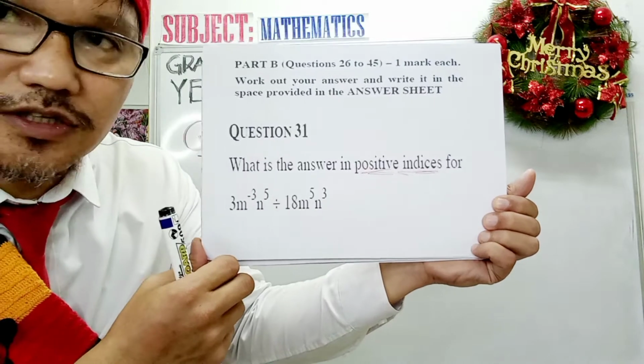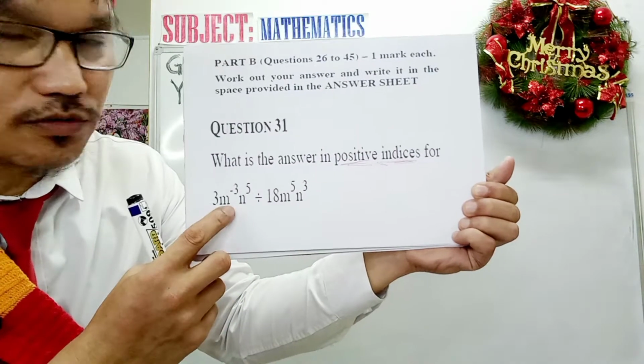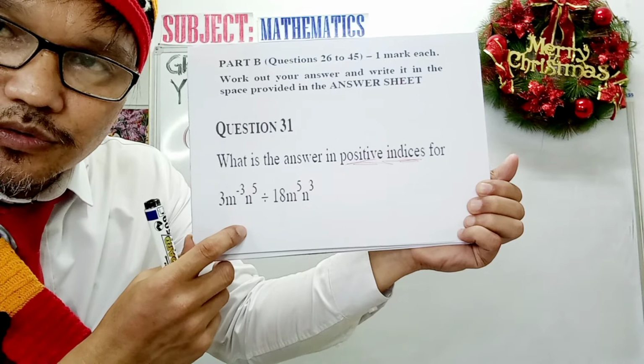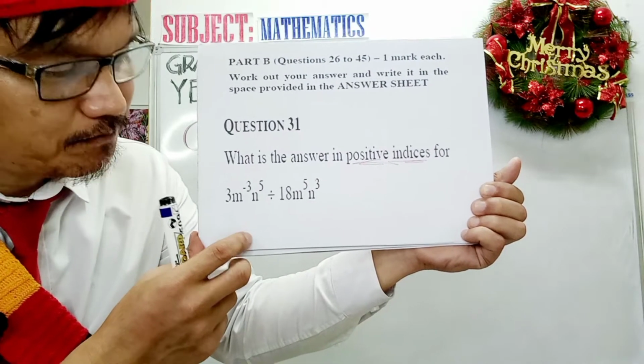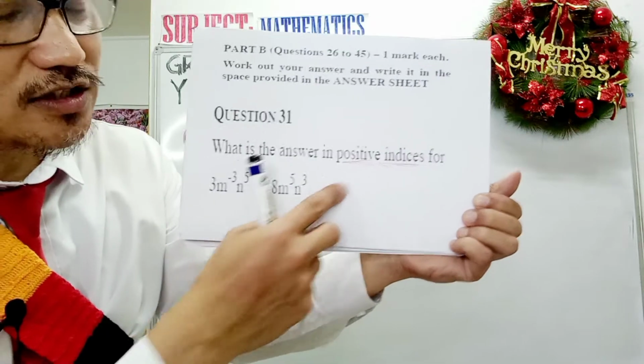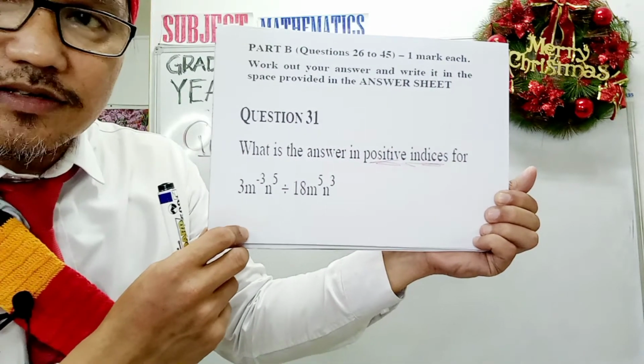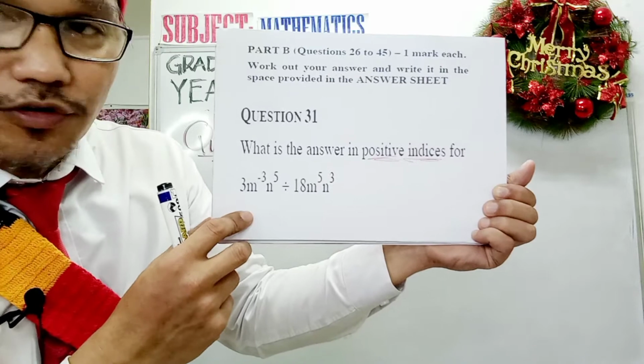Or you don't need to bring it down, but you continue your working out, and the final answer must be expressed in positive index so that you will get the correct answer in your answer sheet.